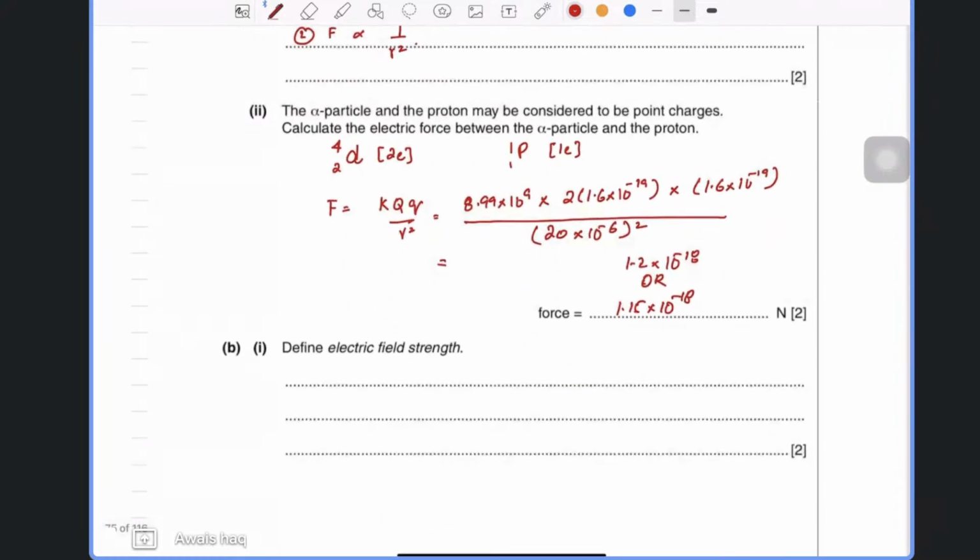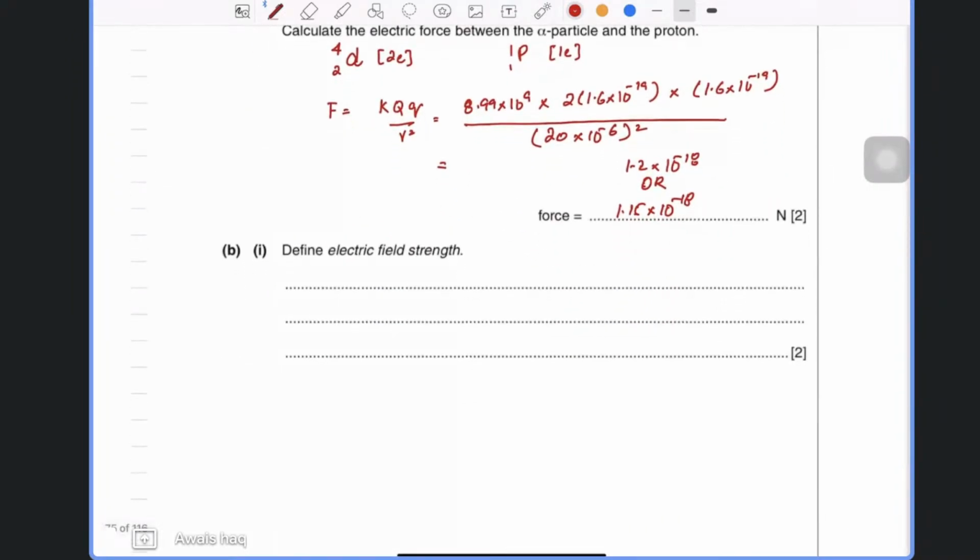Anyway, then it says define electric field strength. And obviously we're going to write that electric field strength is the force per unit positive charge at a point within the field.